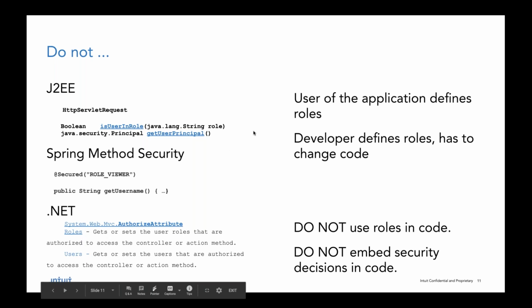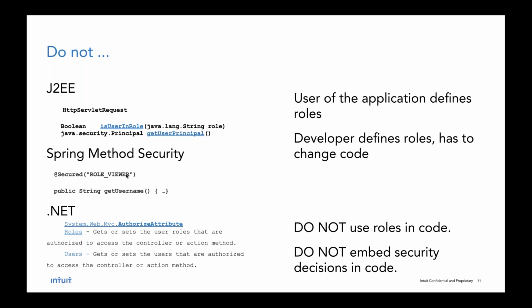Now, there are two problems if you did it like this. If you protected your piece of code using roles, there are two problems. One is that at some point, if you want to give end users the feature to create custom roles, which are collections of permissions, then your code will not know about those roles.